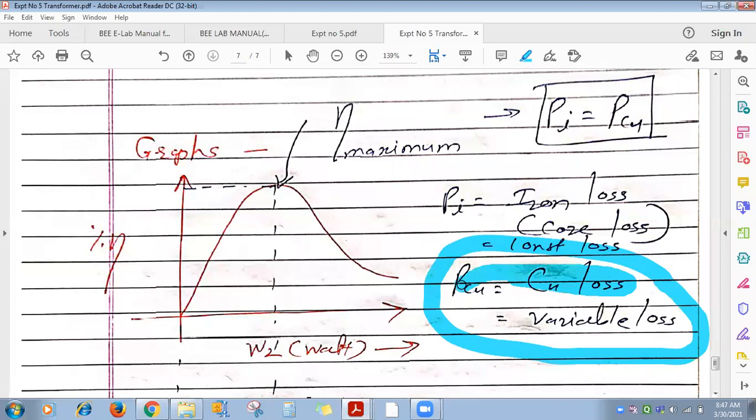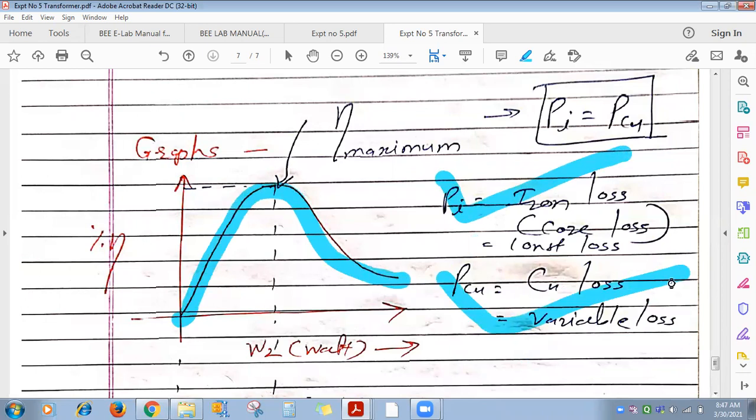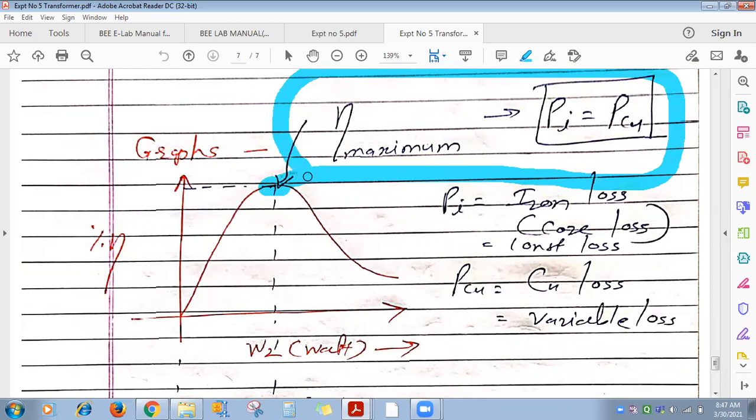As load changes, I1 and I2 change. So I1 square R1 and I2 square R2 change. That's why it is called variable loss. Means as you move from this to this point, the iron loss is constant and this loss is changing. In BL Thareja, you can find the condition for maximum efficiency of a transformer: when both the losses are equal, suppose both are 500 watt, then that efficiency will be maximum.